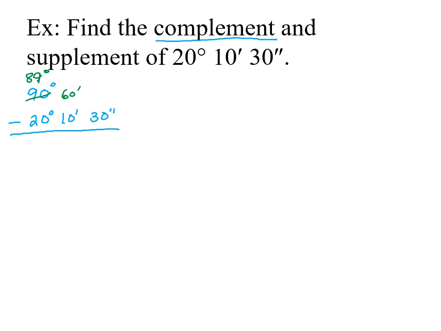But then I also have to borrow from the 60 to make 60 seconds as well. And then you can subtract them. 89 minus 20 is 69 degrees. 59 minus 10 makes 49 minutes and 30 seconds.